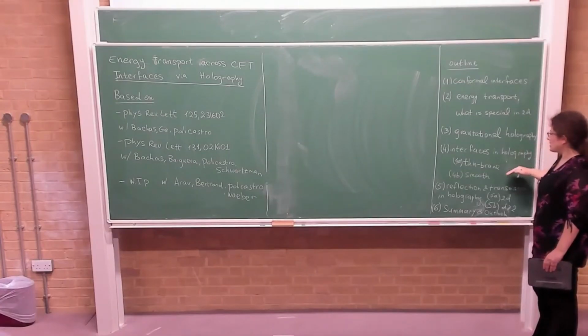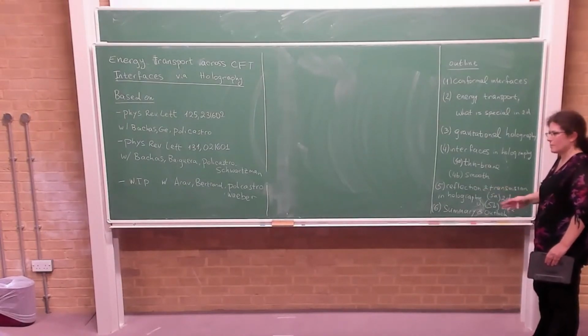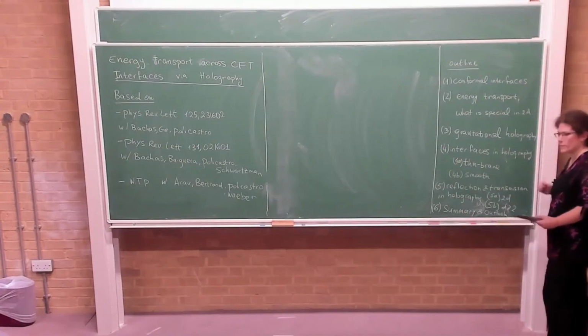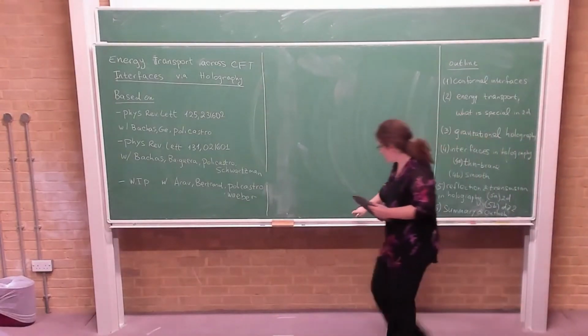I will present 2 setups of interfaces in holography, a thin brane setup and a smooth interface. And then I will tell you the answers for the reflection and transmission experiment in these 2 setups, both in 2 dimensions and some preliminary results in higher dimensions. And summary and outlook as usual.